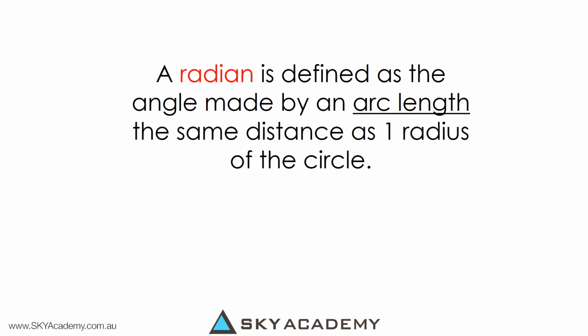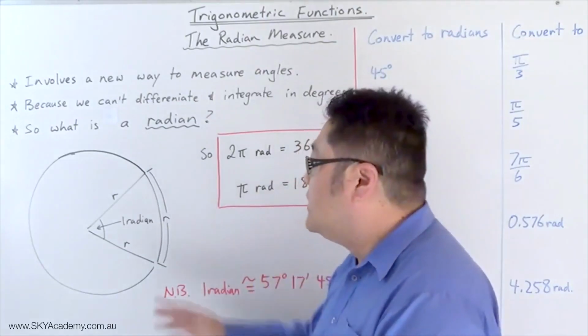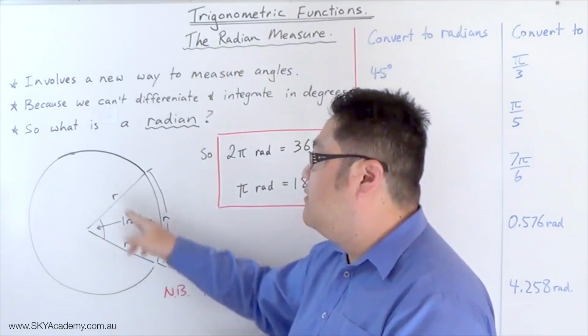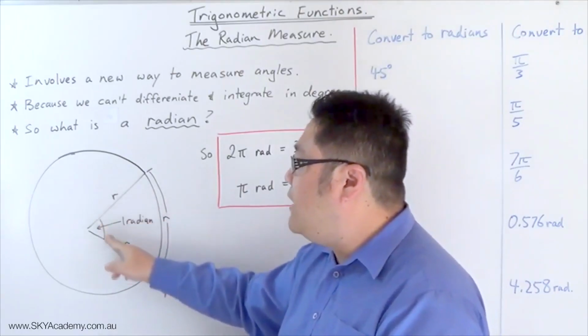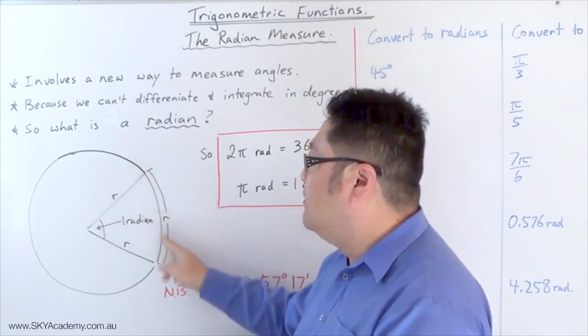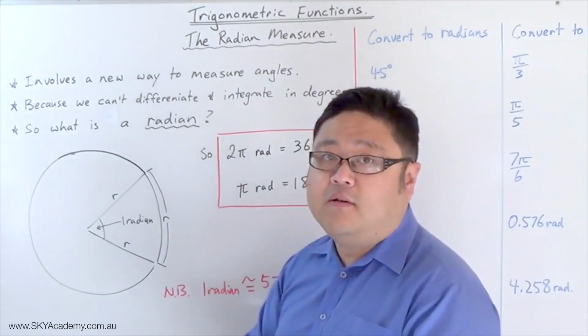A radian is defined as the angle made by an arc length the same length as one radius of the circle that we're measuring the angle from. If we have a circle here, the length of the radius is r. 1 radian is defined as the arc length made by r units long.